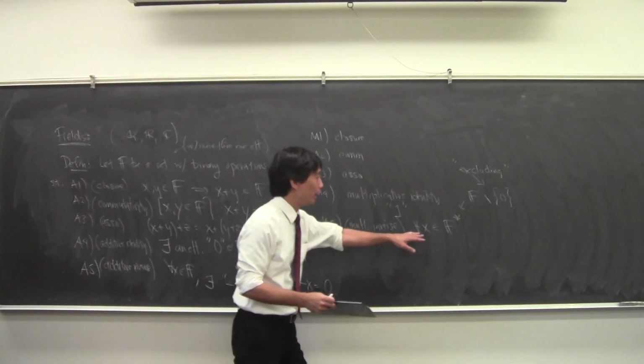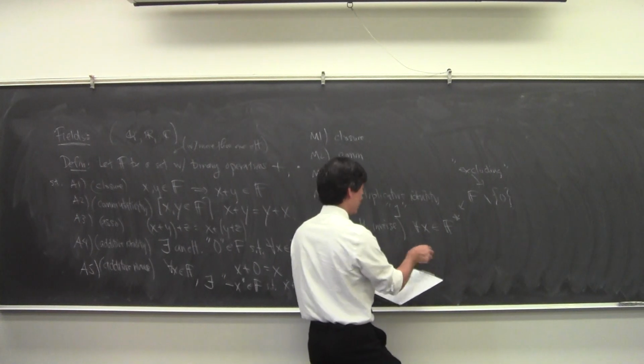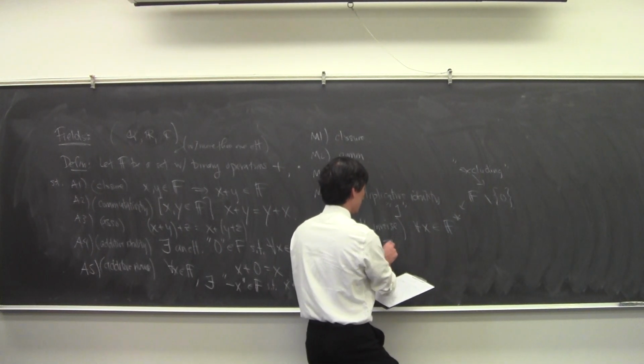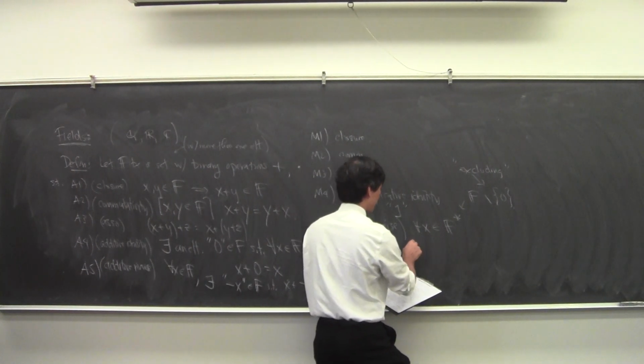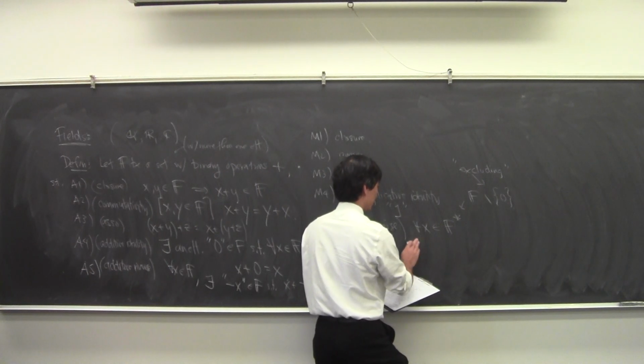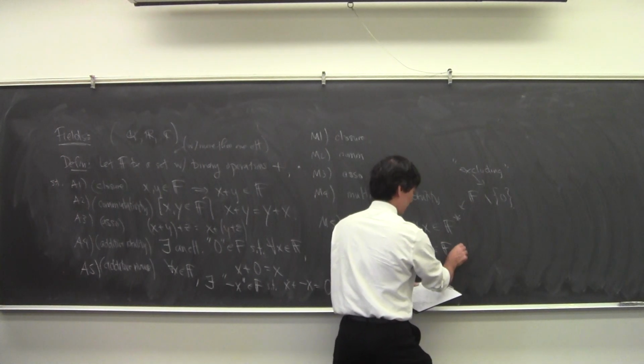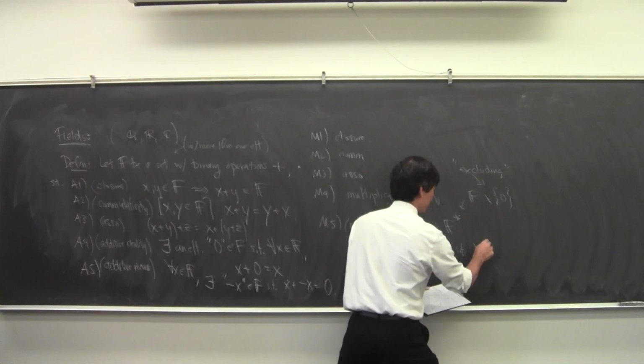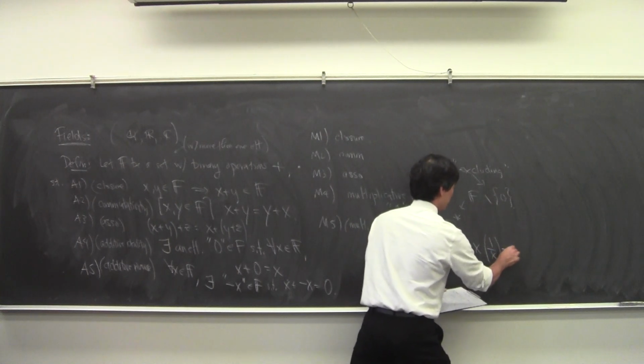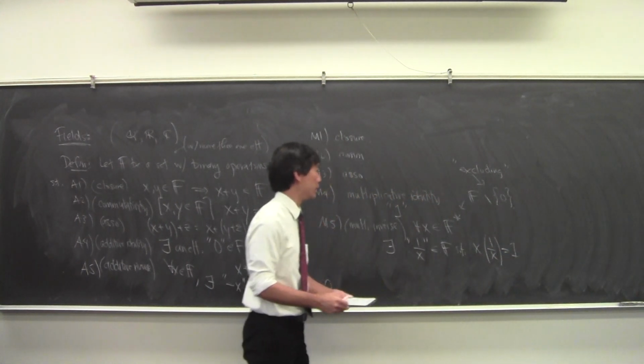For everybody in the field except for 0, there exists a 1/x in F such that the product is the multiplicative identity.